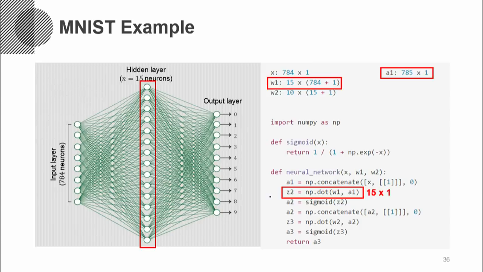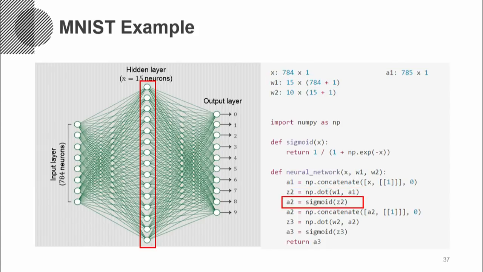So the output size will be 15 by 1, and then this output goes through this sigmoid function, our nonlinear function transformation.